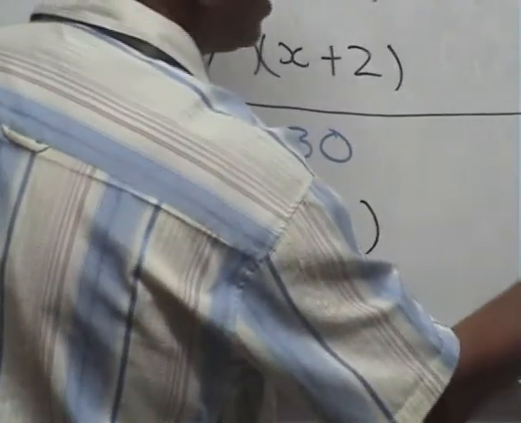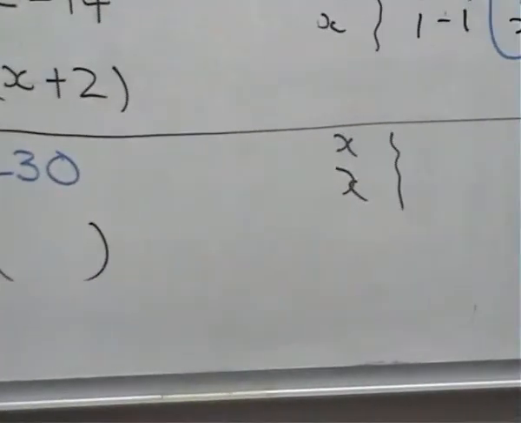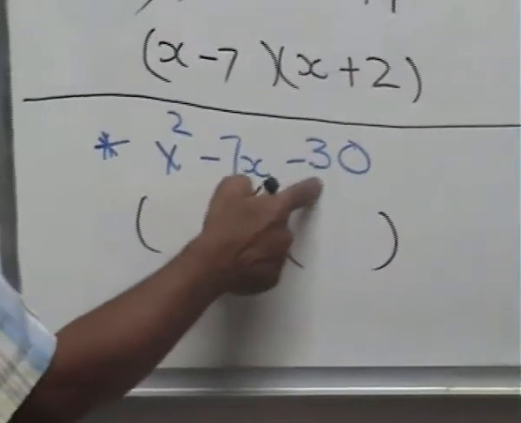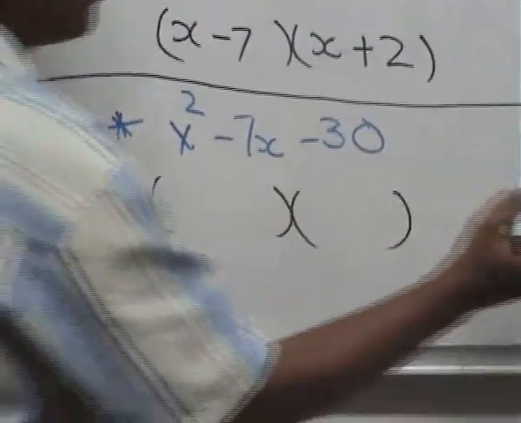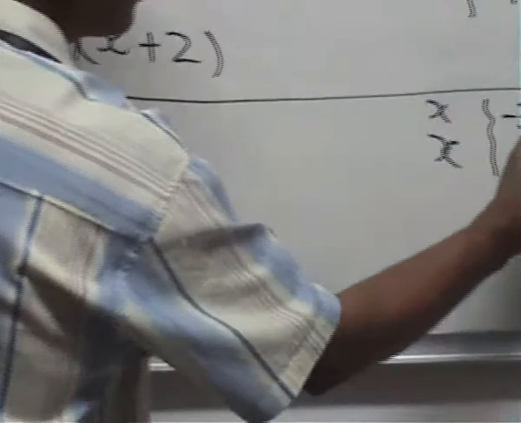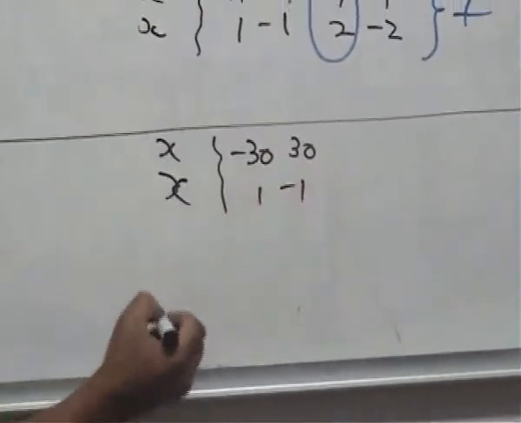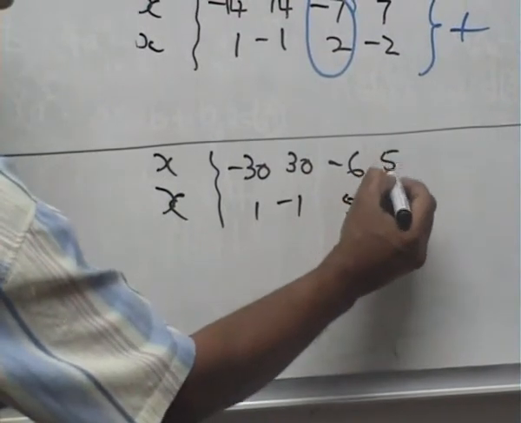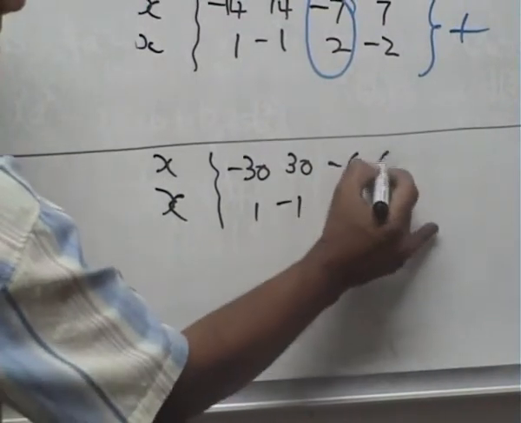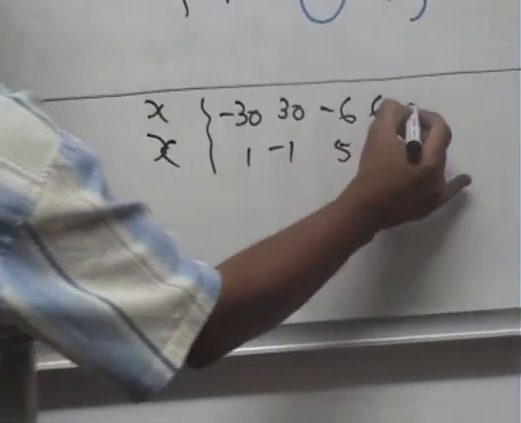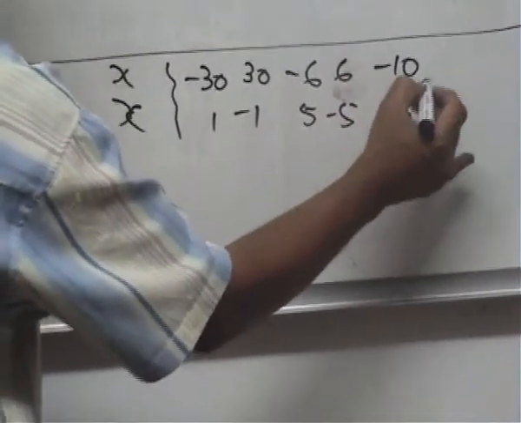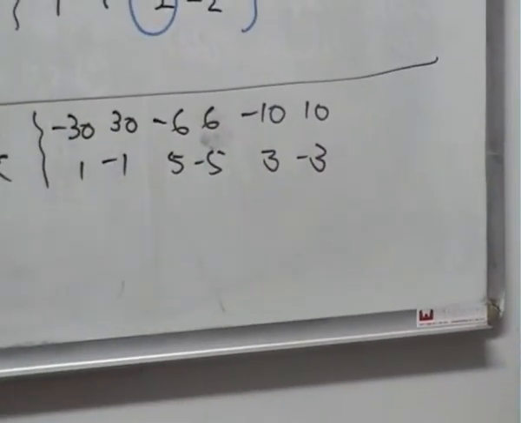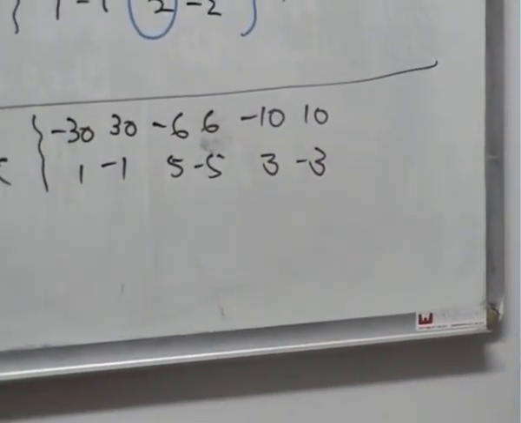Then I'll ask myself, well, x times x gives me x squared. What times what will give me minus 30? Well, minus 30 times 1, 30 times minus 1, minus 6 times 5, 6 times minus 5, minus 10 times 3, and 10 times minus 3. I've got a lot of choices that give me minus 30.